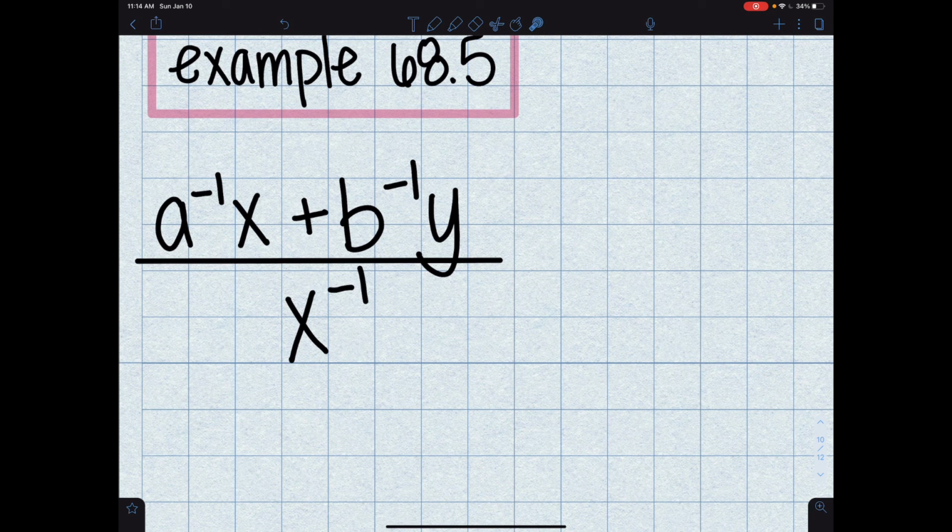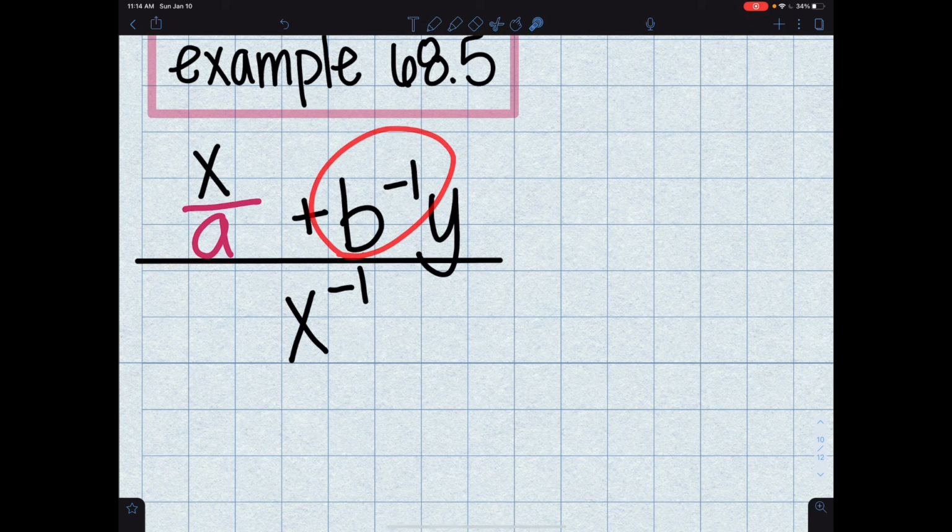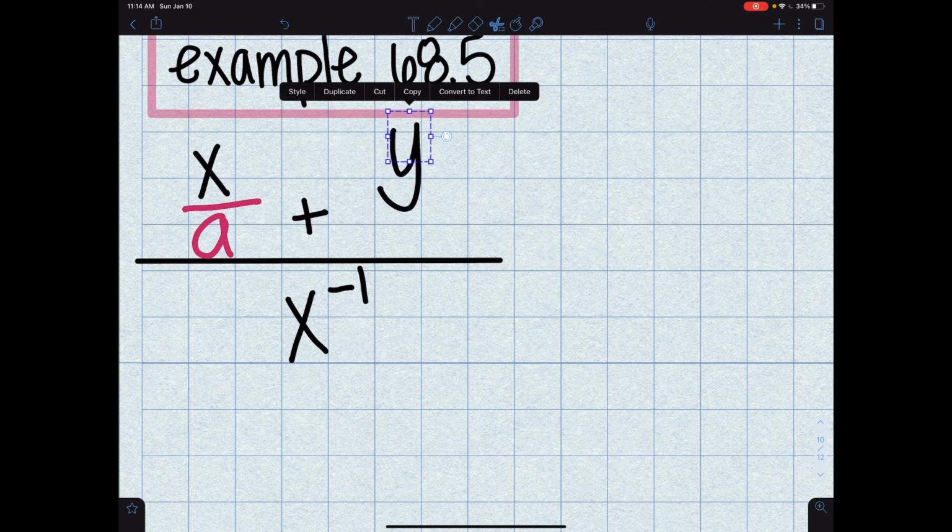So that -1 exponent means that this a to the -1 times x is basically x over a, right? Same with this one. This b to the -1 times y is the same as y over b.